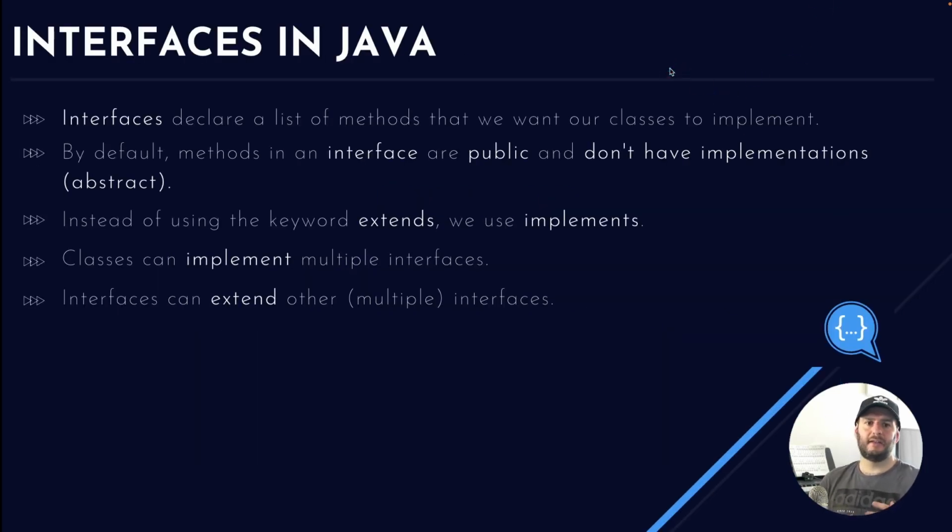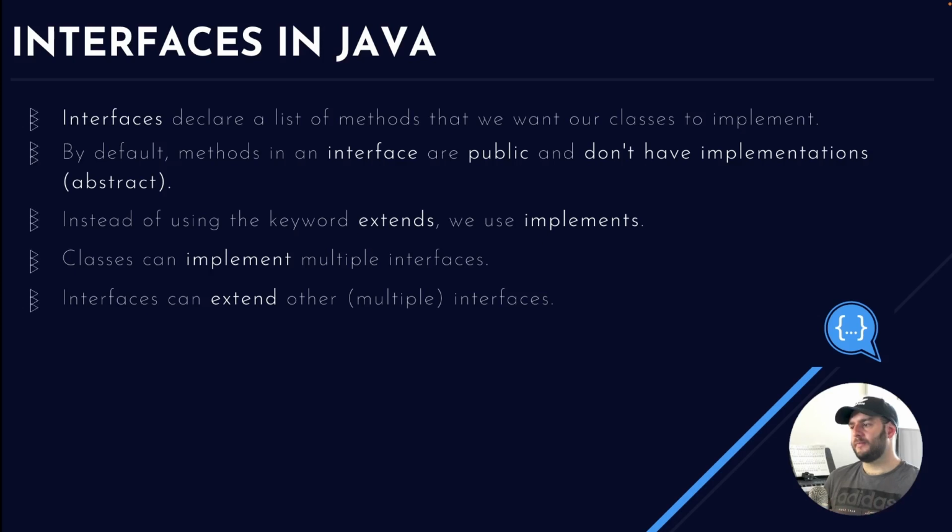So you can create something that is an interface, and an interface declares a list of methods that we want our classes to implement. You know how we did with the getSpeed method, which was an abstract method that we wanted the child classes to implement?